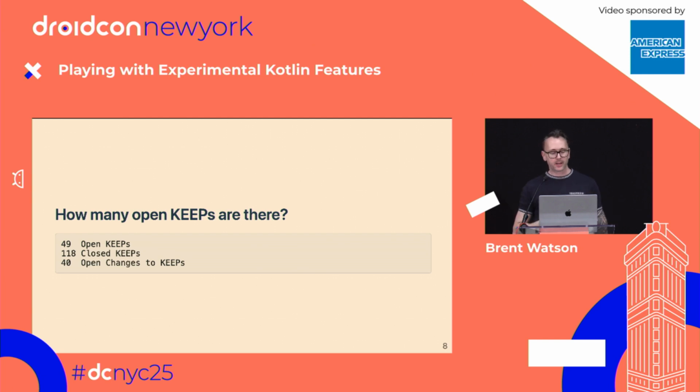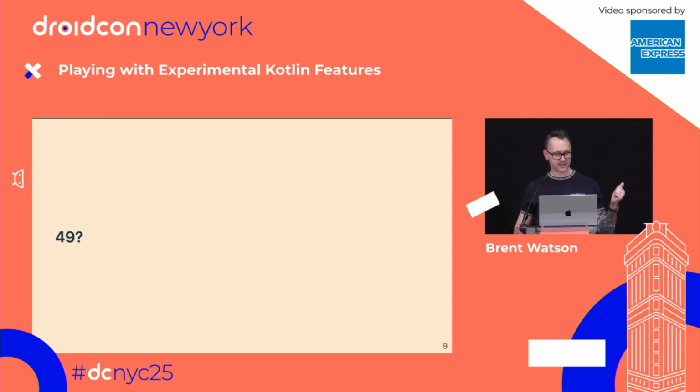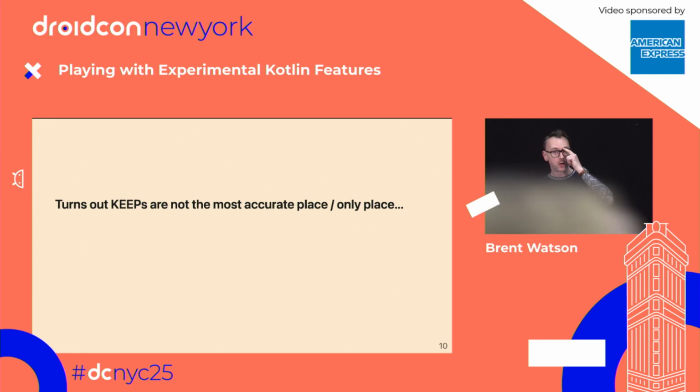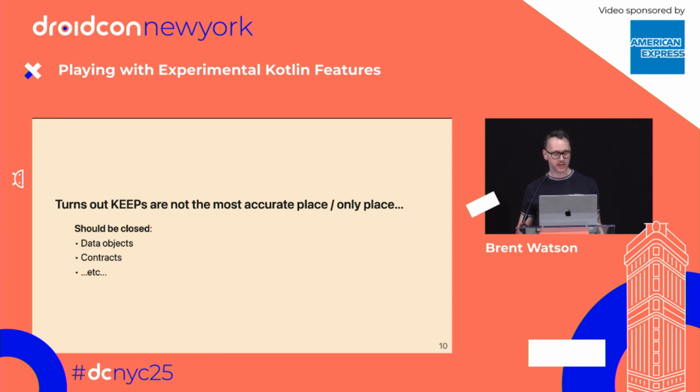However, when you actually look at that repo, at least at the time I wrote this, there's like 49 open KEEPs and 40 changes, which seems like a lot. Seems like too much. So when you look at the state of things, it's imperfect.